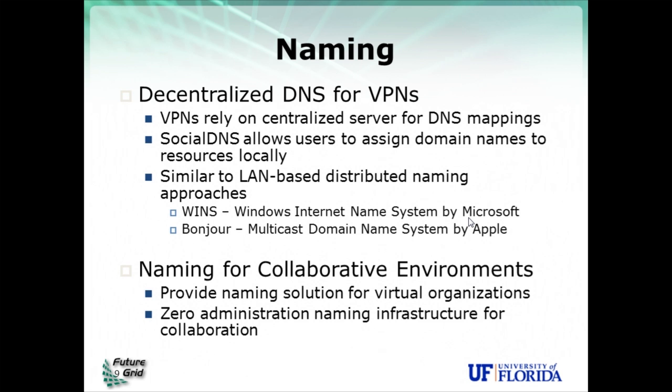So for example, if you have a machine and you want to call it my machine or Renato's machine, you want to generate your own name for that machine, you try to establish that name and you disseminate it to your friends. And if there are no collisions with other names in the network, your friends will be able to use that name to refer back to you without all of you having to agree on a single authority that determines names in a hierarchical fashion like it's done on the internet today.